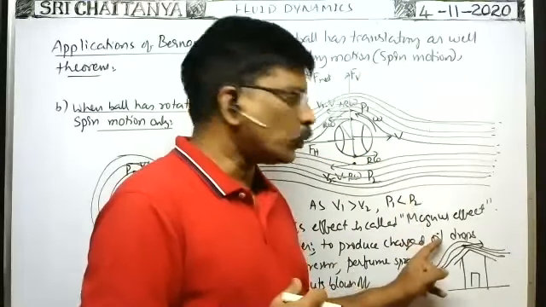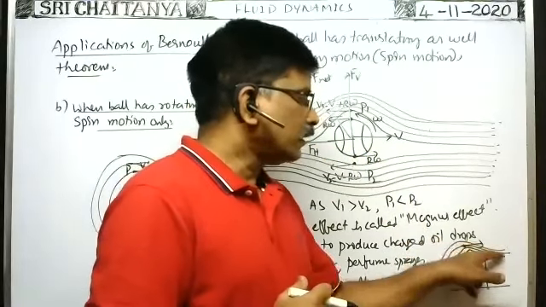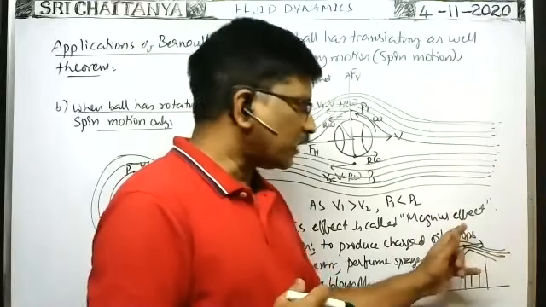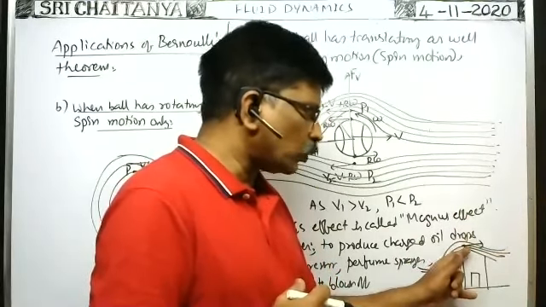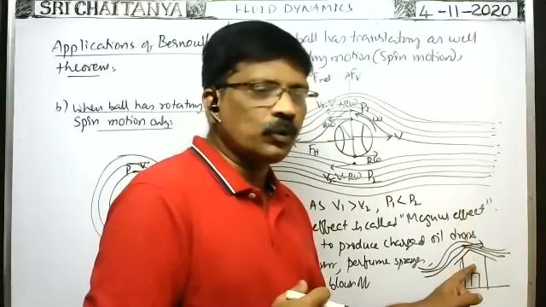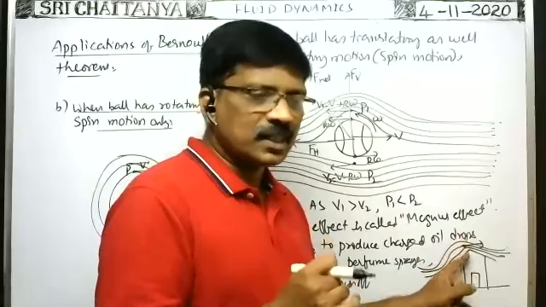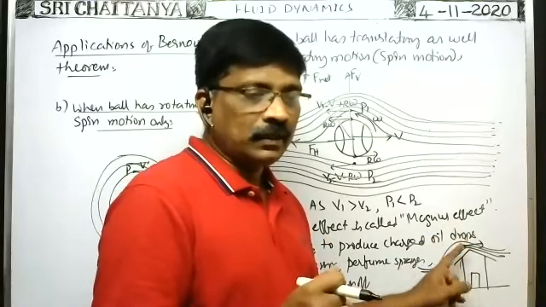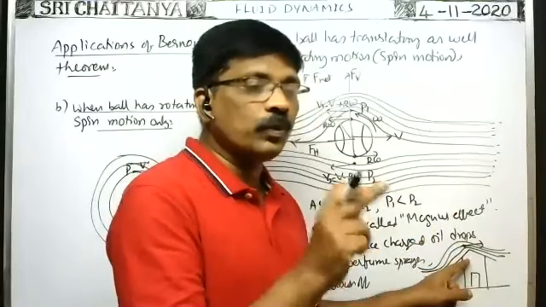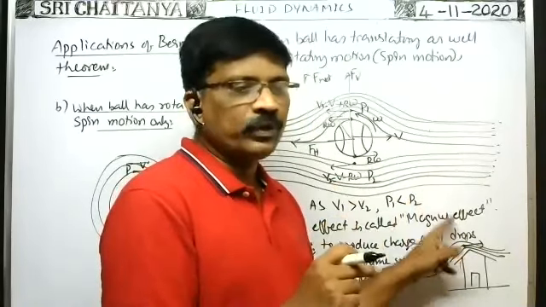Outside the hut, above the roof, the velocity of the air particles is greater, and inside the hut the velocity is smaller, so the pressure at the bottom of the roof inside the room is more, and above the roof it is less.